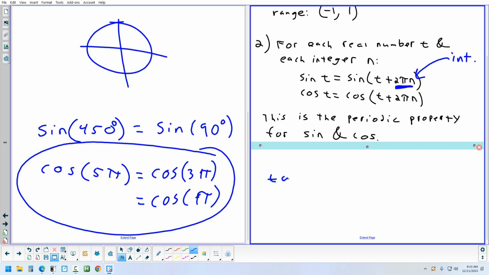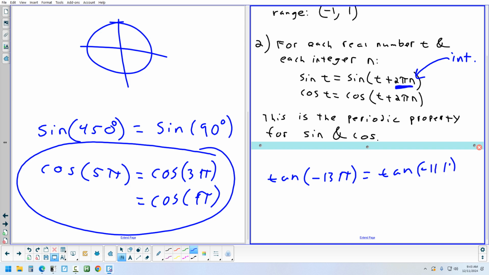Let's look at this one. Tangent of, let's say, negative 13 pi. If I want to make that positive, what's the first angle that you would get to if you add one copy of 2 pi?